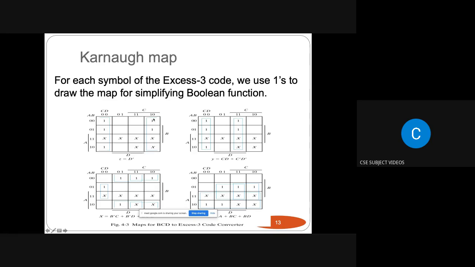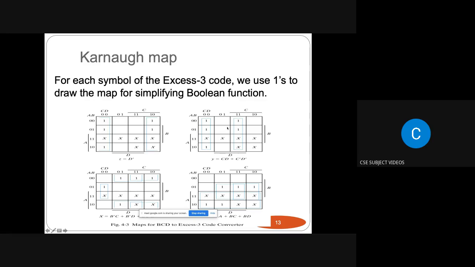And here for this octet, all these row variables will be considered as 1, and in the first column and last column the different terms are C dash and C. So C plus C dash becomes 1 and the remaining is D dash. So here it is Z equal to D dash.